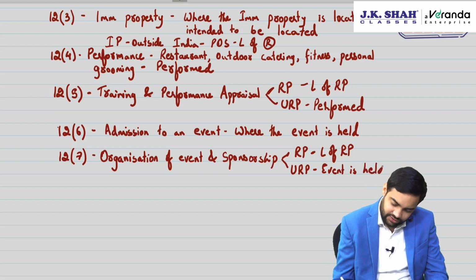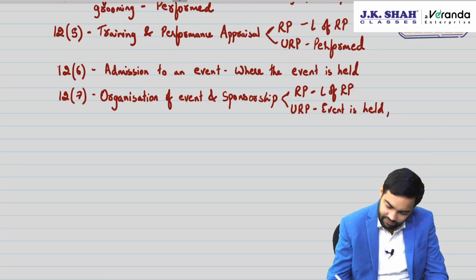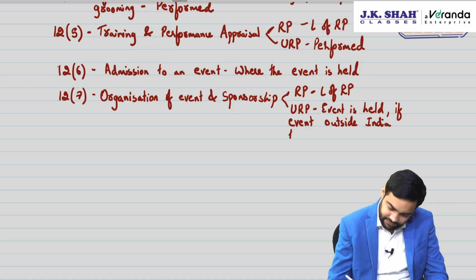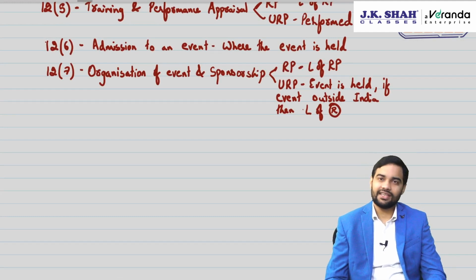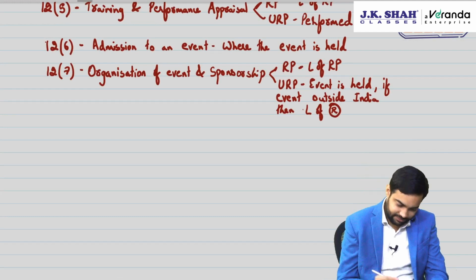But the law also says here that if the event is outside India, then location of recipient. This is there only at two places. One is immobile property, second one is organization and sponsorship.